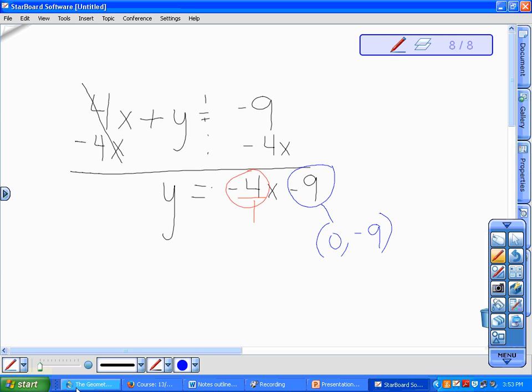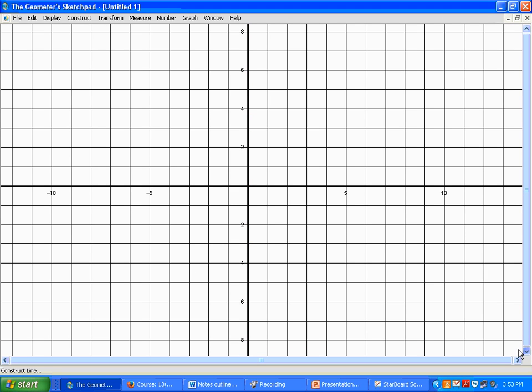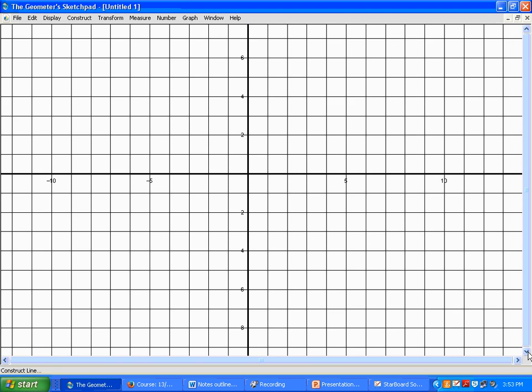If I were to graph this equation, I would start at -9 on my graph paper, and my slope says down 4, right 1. Obviously, that is going to fall off of my graph paper, so I am going to choose to put the negative sign with the 1 instead of the 4.